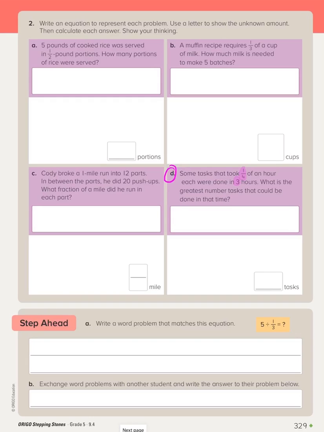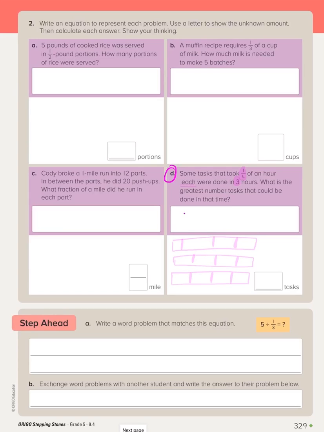So here I have the word each, so I know it's either multiply or divide. Now I know it was a total of 3 hours, so here's my 1 hour, 2 hours, 3 hours, right? And I know that each of them takes 1/4, so I would cut it into fourths. So if I'm cutting it into pieces, I know that this is probably going to be a division problem.